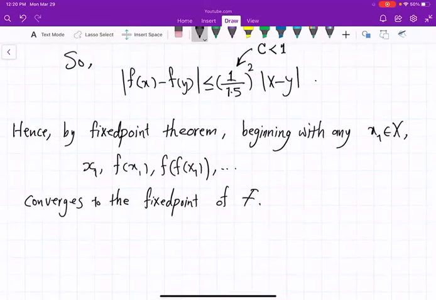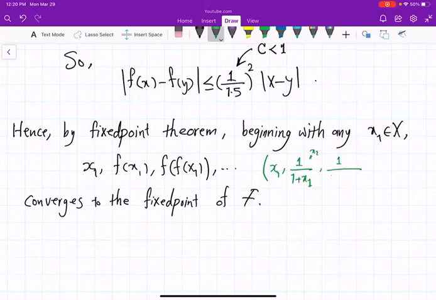Of course, this sequence is nothing but the sequence that we started with. That means this sequence is x1, 1 over 1 plus x1, which is your x2, and then 1 over 1 plus x2, and so on. That is how f is defined.